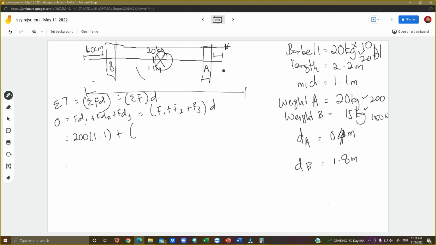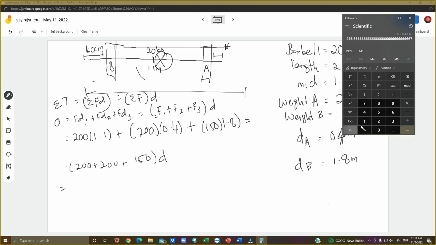We take one dumbbell, actually any one is fine, no problem. For FD2 we take 200 Newton and the distance is 0.4, and for FD3 we have 150 and the distance is 1.8, equal to the third part, where we have 200 plus 200 plus 150, times D. Can be solved now.